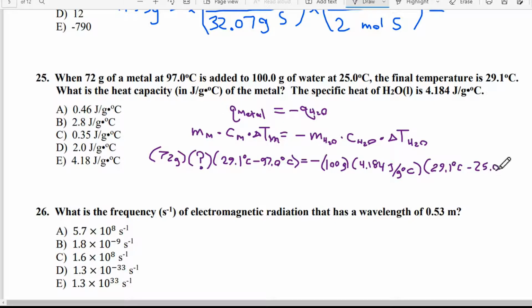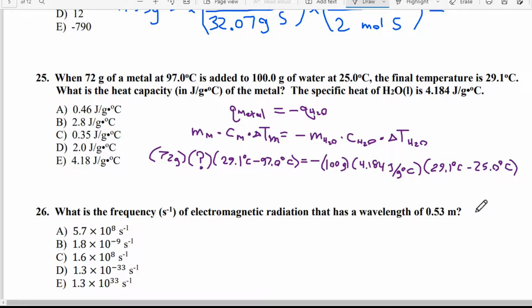Now let me ask you a question. Do I need to convert these temperatures to Kelvin? Why not? Actually, the reason is because a change in Celsius is the same as a change in Kelvin.